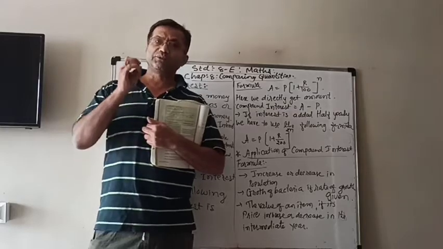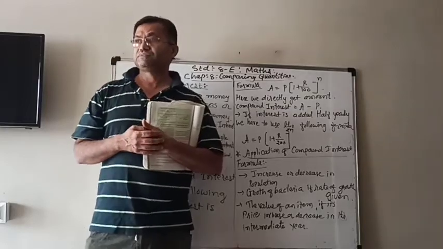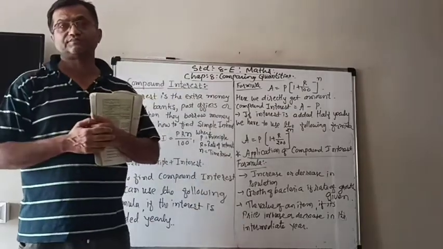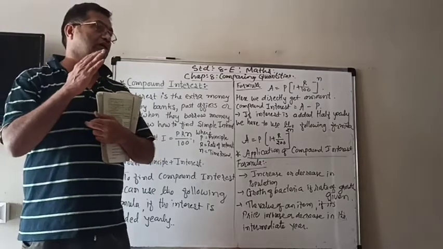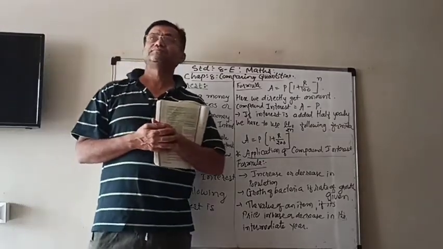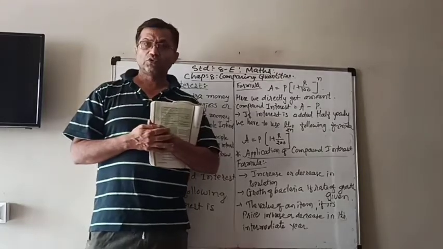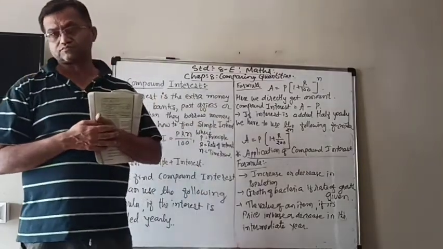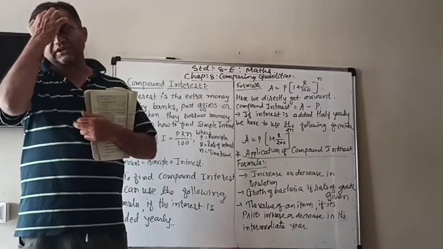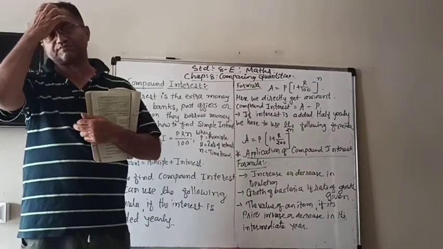Means if you put the money for 2 years, then at the end of the 2 years only, the interest is counted and it is added into the principal to get the amount. So that is the simple interest.